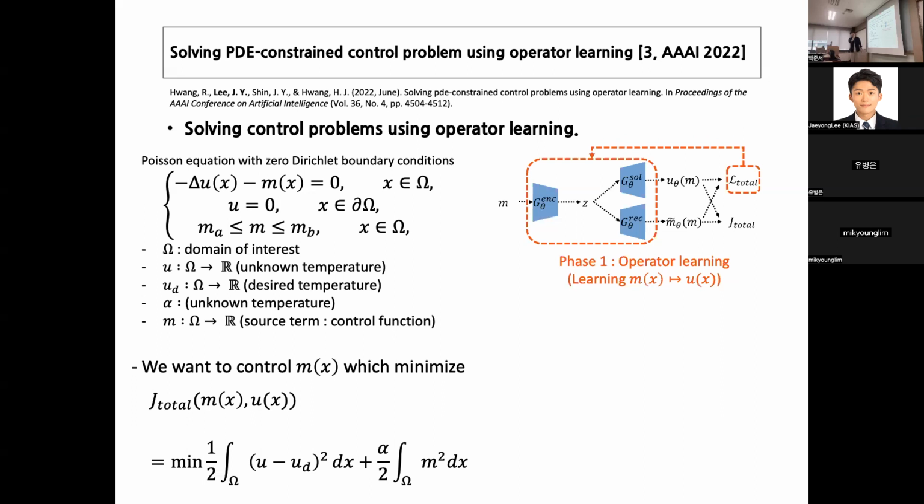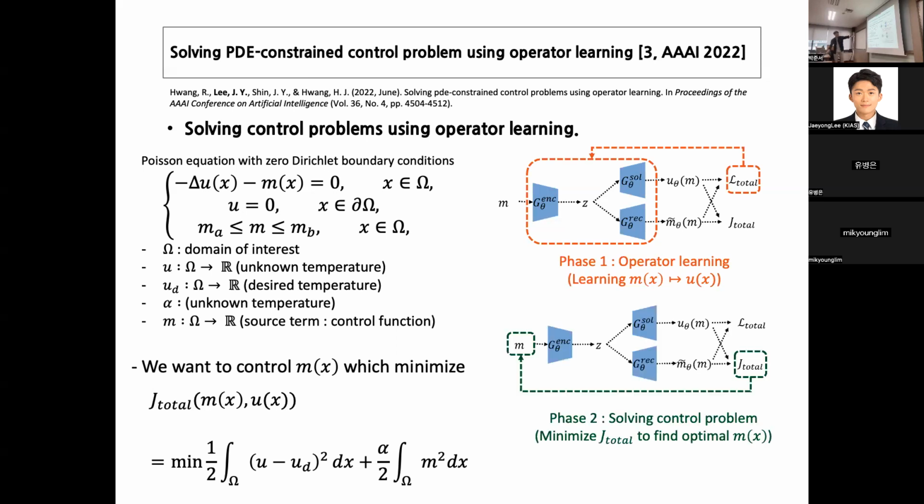So we first learn the operator from m to u, with the regularization term or something, and then using this operator network, we can minimize this J just using this operator from m to u. And if we minimize this using gradient descent or something, then for a new m, if we want to find the u, we just use this network which is pre-trained in phase 1.